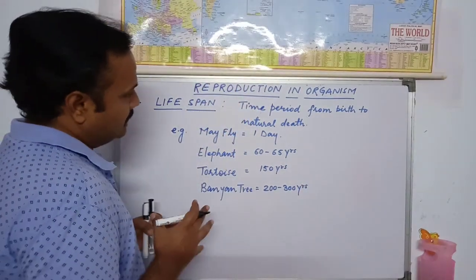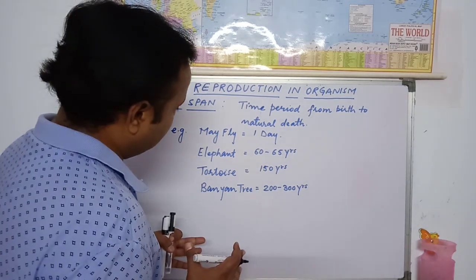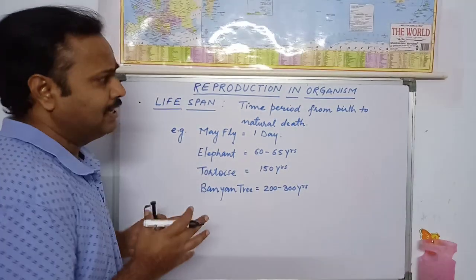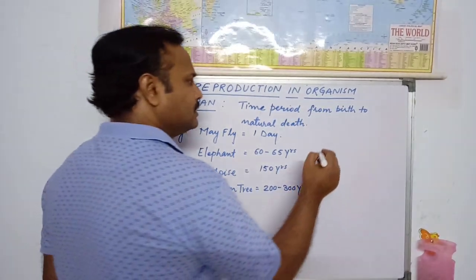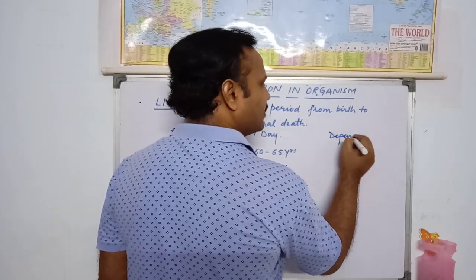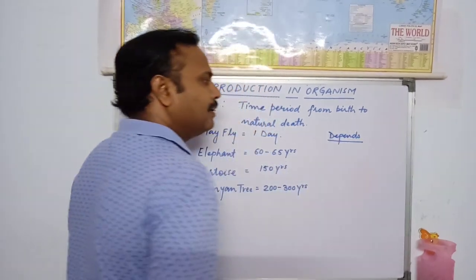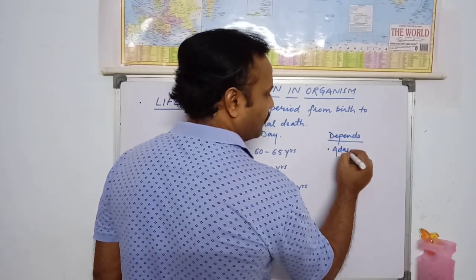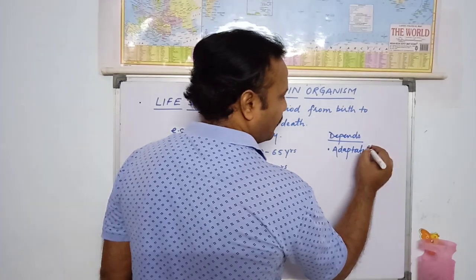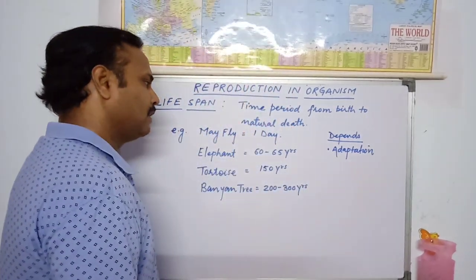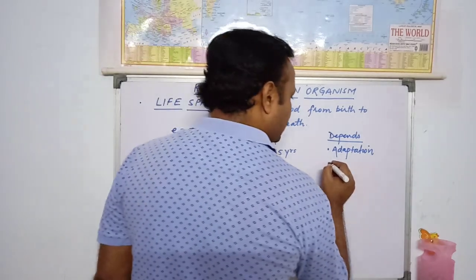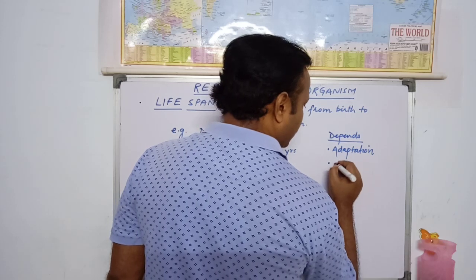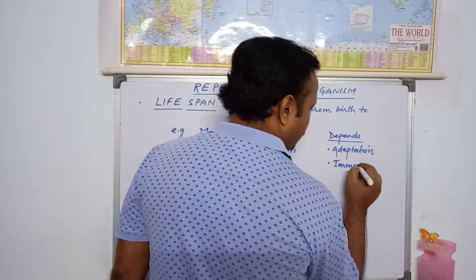So you see, there is a lot of variation in the lifespan. Basically, the lifespan depends on the adaptation and it depends upon the immunity.